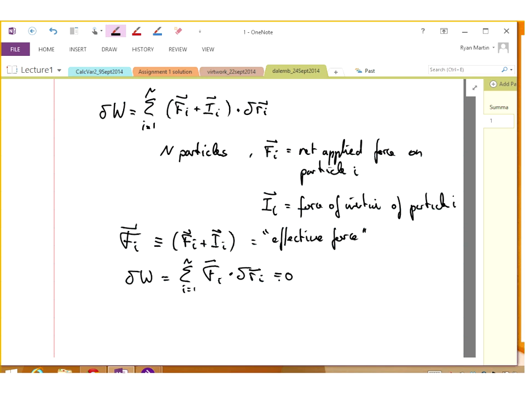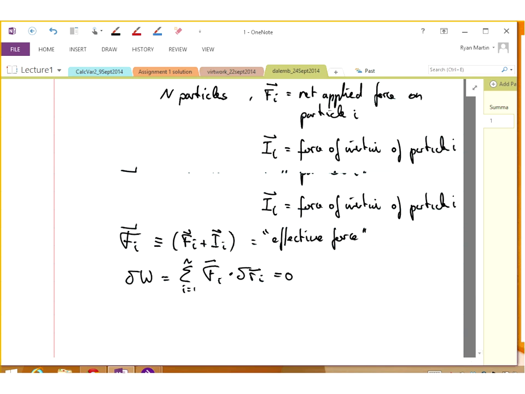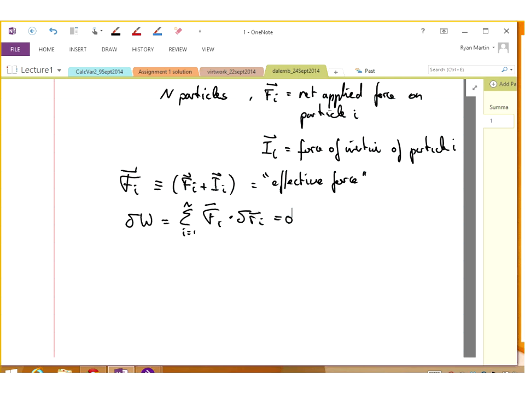So now we want to be able to put this in a way that we can solve problems. When we write the principle of virtual work this way, because in principle there could be constraints, the RIs are not independent.